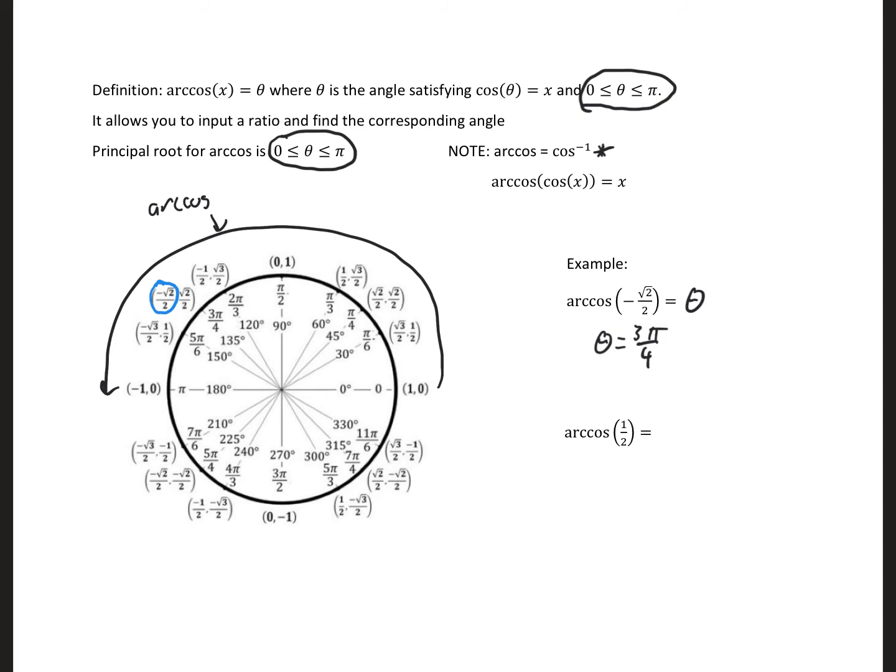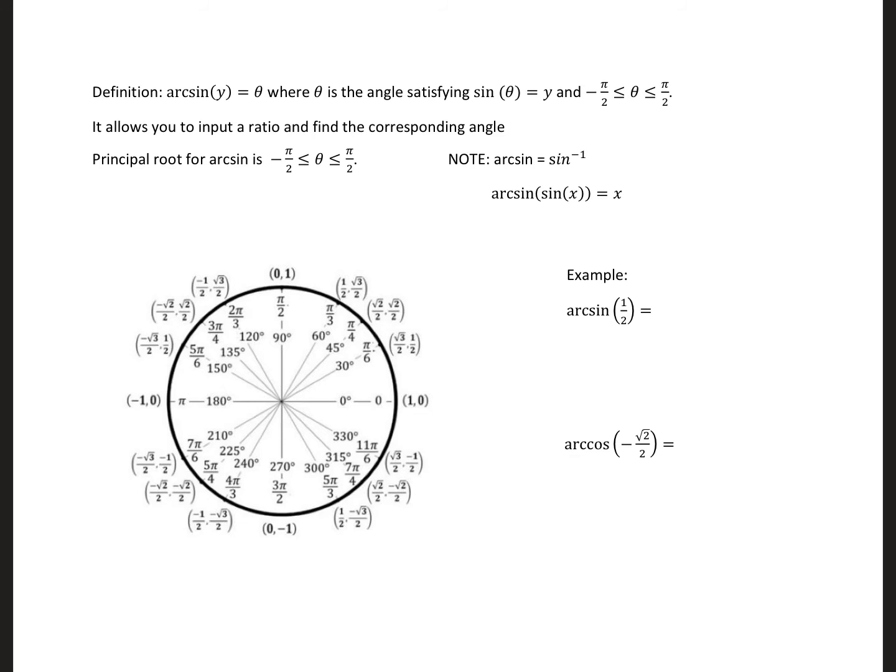If I want to know arc cosine of 1/2, what angle that is, here is 1/2 in the top part of the unit circle. Arc cosine of 1/2 equals theta, and in this case theta needs to be pi over 3. So if you're using arc cosine and you want the principal root, we're only looking at the top part of the unit circle.